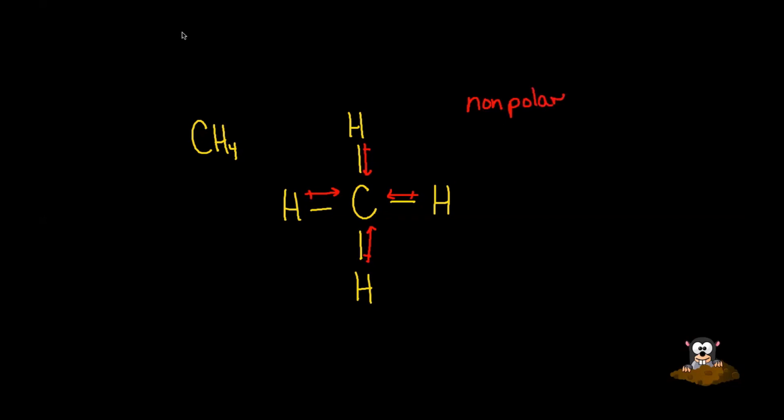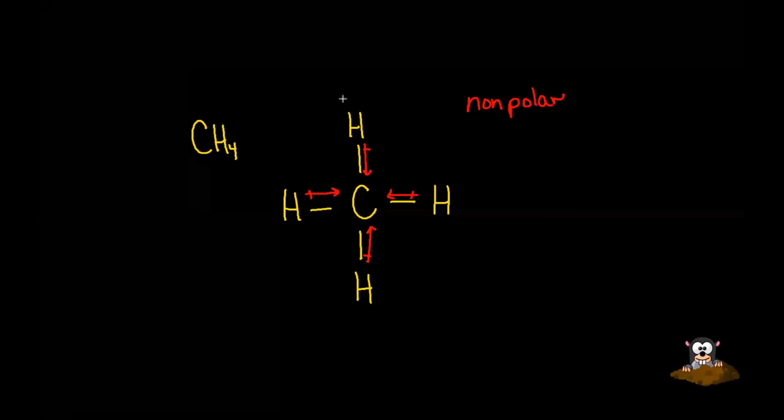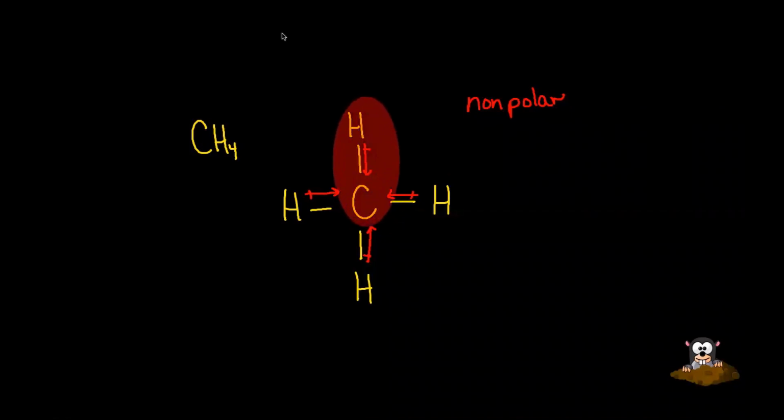Another way that you can think of this is the following. You can look at each bond independently and see if there is one bond that is more electronegative than the other. So for instance, you can look at this bond and compare it to this bond, and you can do the same thing here and there. But just looking at this, we can tell that we have the same bond, right?